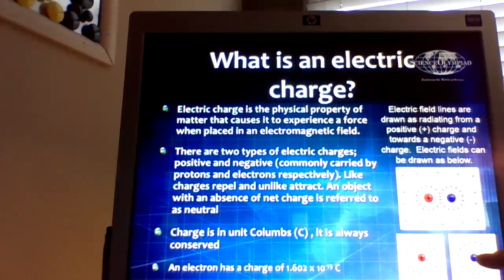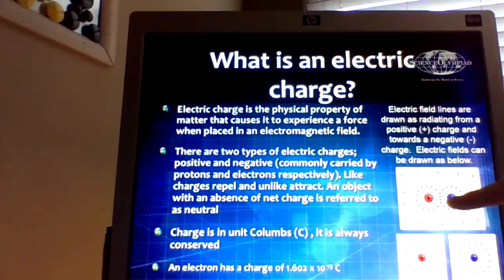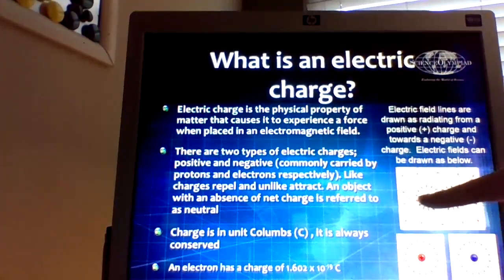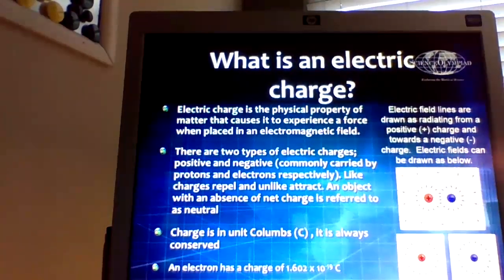Sometimes some people have said exactly like a black hole. And when you draw them nearby each other, you'll notice that they go from the positive over here to the negative, much like you would expect a north and south pole to work. Okay? And you'll notice that on the other side, you do have some lines that go out, and you have some lines that come in, but the majority of them loop back to each other.